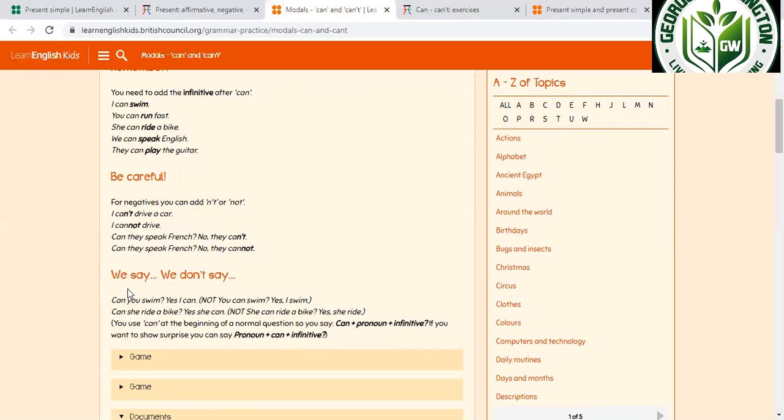When you're asking a question with can, you need to put it first. Okay, so don't forget that. You don't say, you can swim? Yes, I swim. That's the way we say it in Spanish, but in English, you need to switch it. You need to use can and then the subject and then the verb. And don't forget the question mark.